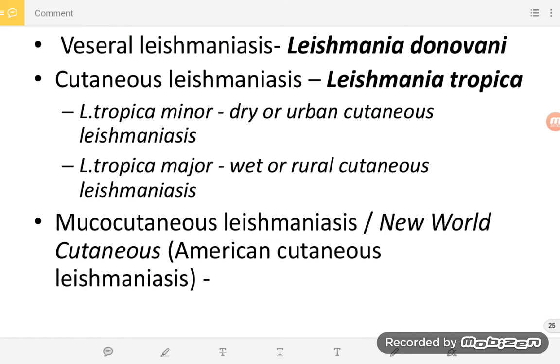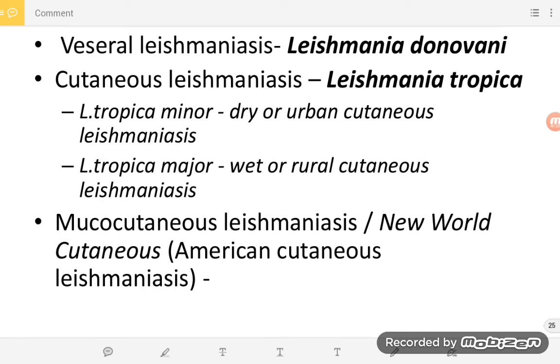Another thing I need to talk about is the Sri Lankan situation regarding Leishmania species. In Sri Lanka there are some endemic areas like Anuradhapura, and many cases are reported as cutaneous leishmaniasis.